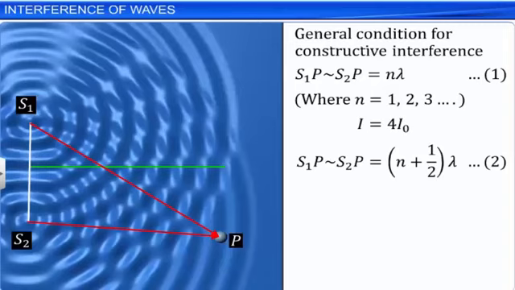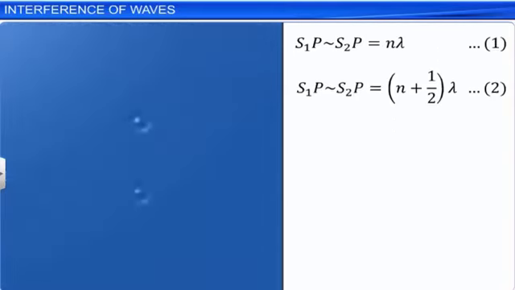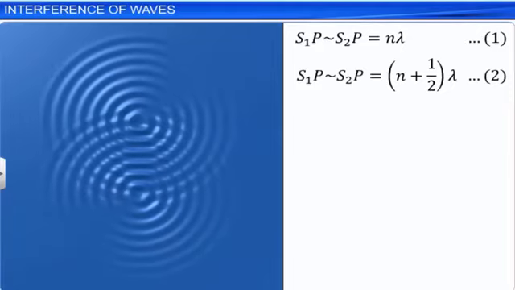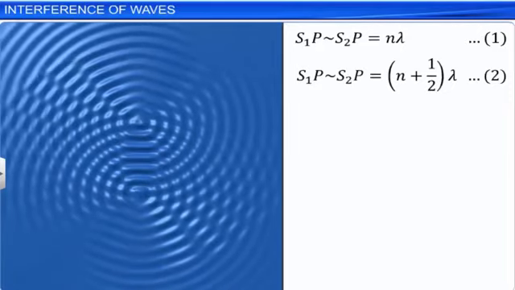Since the two sources are coherent, the resultant intensity at any point does not change with time. If the two sources emit waves continuously, constructive interference takes place at some points and destructive interference at other points.